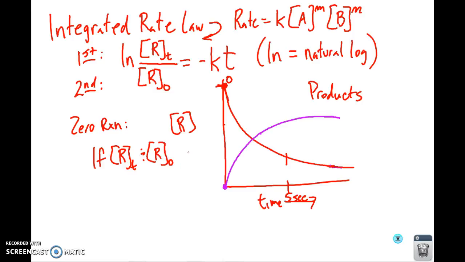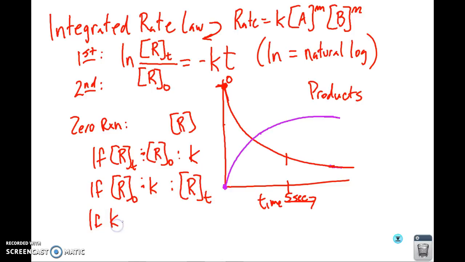time 0, then we can find K. If we know the concentration of R at the beginning and the value of K, then we can find the concentration of R at some given time. And if K is known, then the time elapsed to a specific quantity.